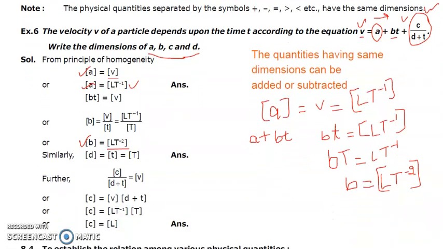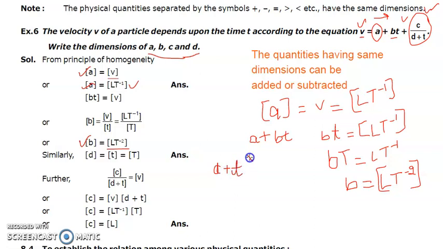Okay, now next is c upon d plus t. Again by using the same rule, but here we cannot use that rule directly because in this case there are two variables, c as well as d. So we'll check the denominator part of this, which is d plus t.